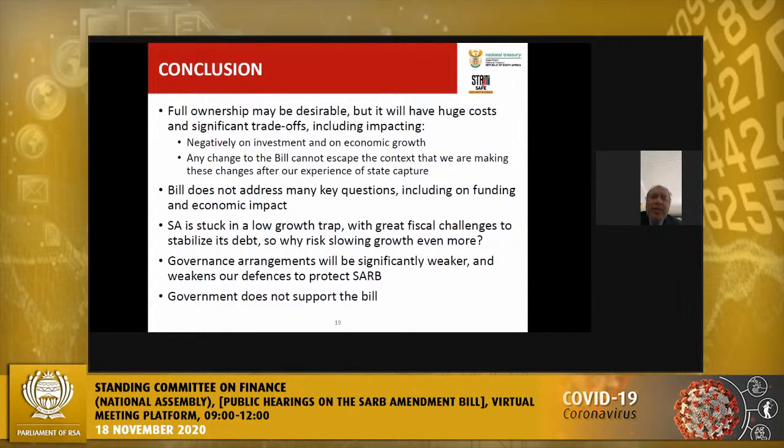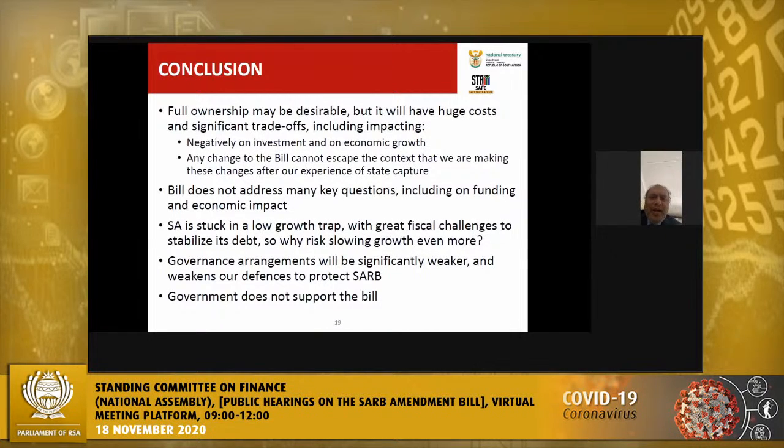The bill does not address many of the key concerns, including on funding and economic impact. Just to make the point that the minister so amply made in his MTBPS, we are stuck in a low growth trap with great fiscal challenges. And the question does emerge, why do we want to risk slowing growth and creating even more uncertainty when we are probably at our weakest, economically speaking?